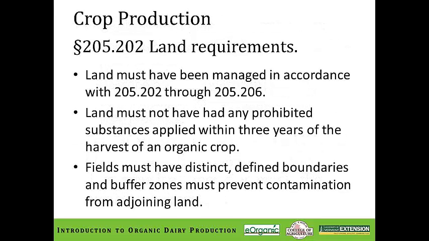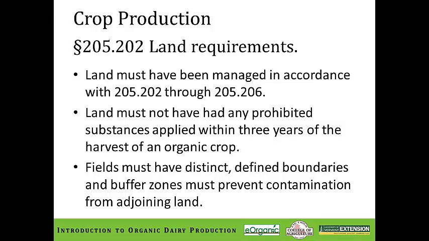We're now going to move into section 205-202. This is the crop production and land requirements. It first requires that land must have been managed in accordance with section 202 through 206, which we'll go into some more detail next. It states that land must not have had any prohibited substances applied within 3 years of the harvest of an organic crop.